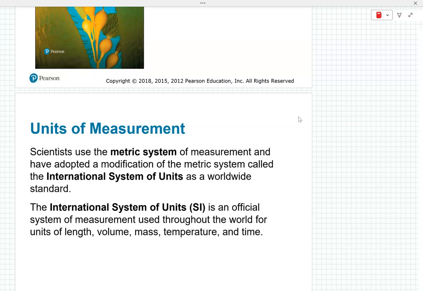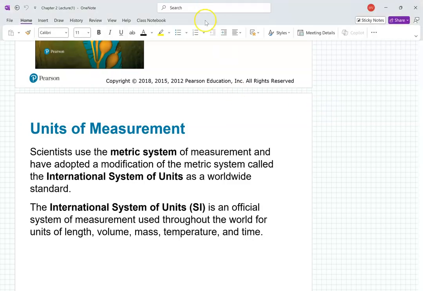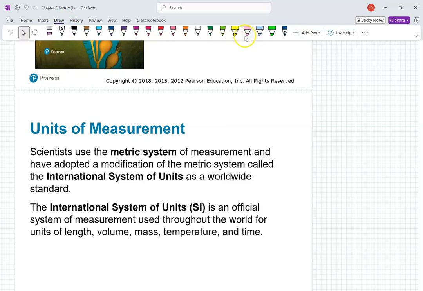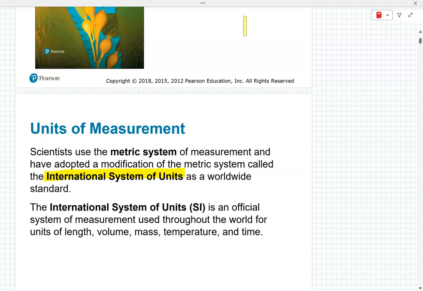Science uses the metric system. Within the metric system, there are sort of subsystems. There is an international system of units, or SI. The official units that you use in science must belong to the international system.